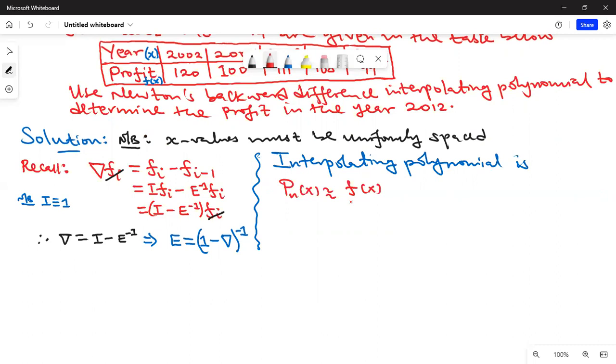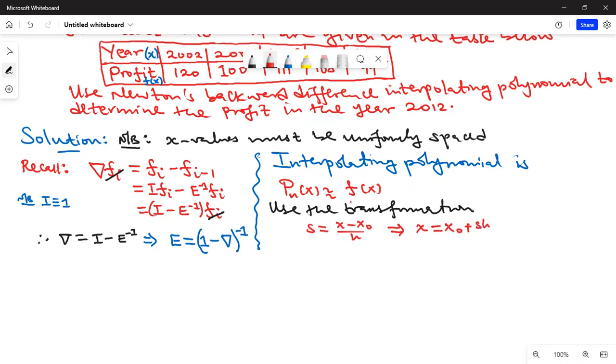Use the transformation s is equal to x minus x naught over h. So from here, you're going to get x is equal to x naught plus s h.